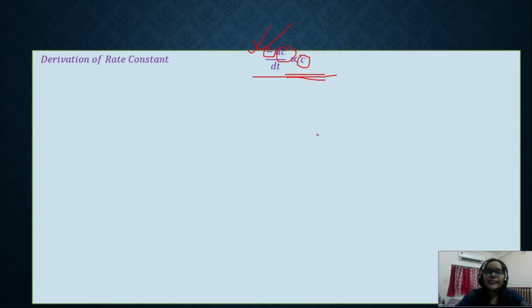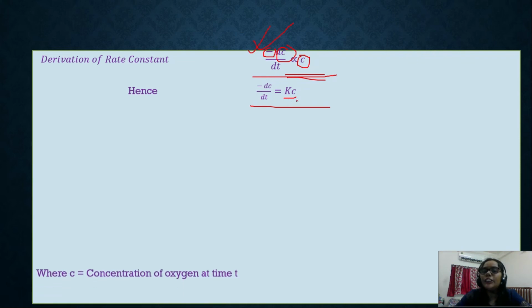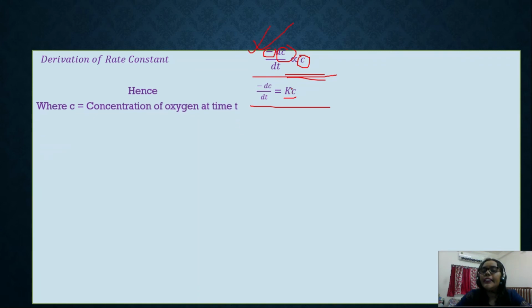Next, instead of proportionality, we have introduced a proportionality constant k: minus dC by dt equals k into C. What is k?